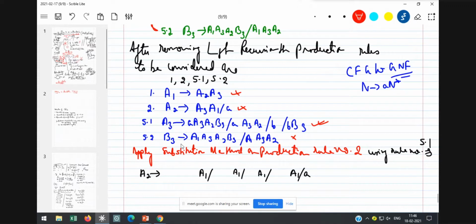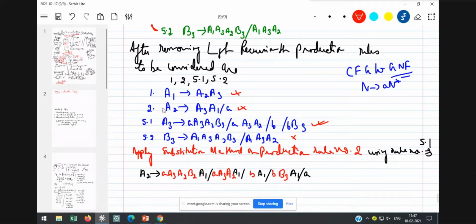So let me start filling it: terminal A, non-terminal A3, non-terminal A2, non-terminal B2, terminal A, non-terminal A3, non-terminal A2, terminal B, terminal B, and B3.